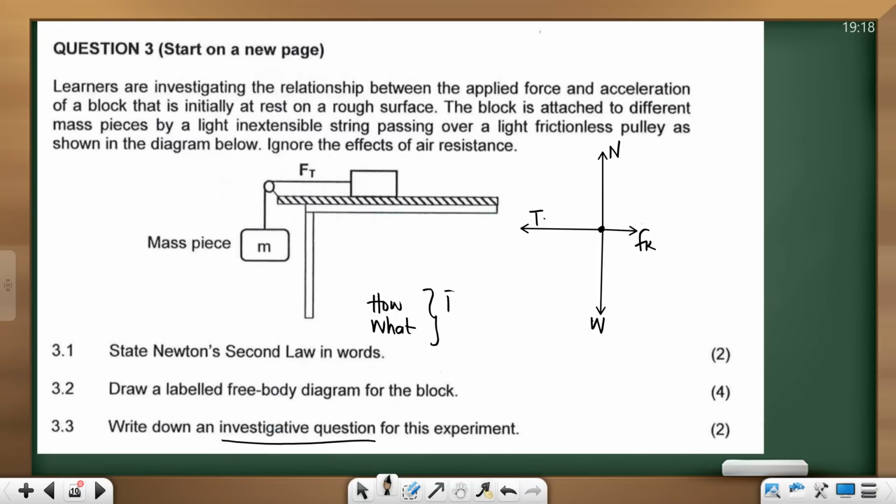And we should be asking a question based on the relationship between your independent and dependent variable.